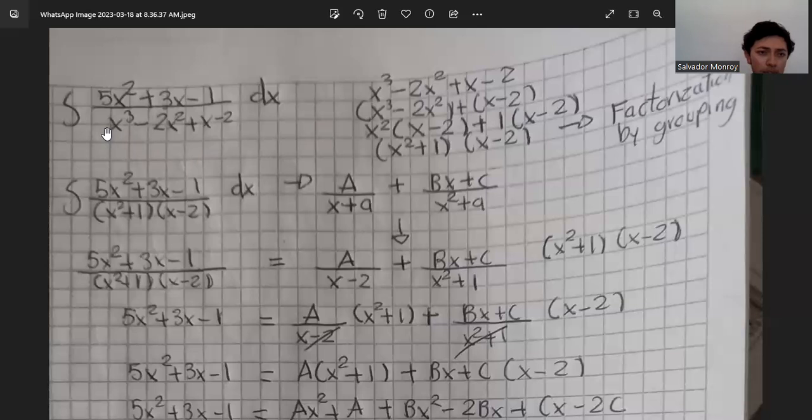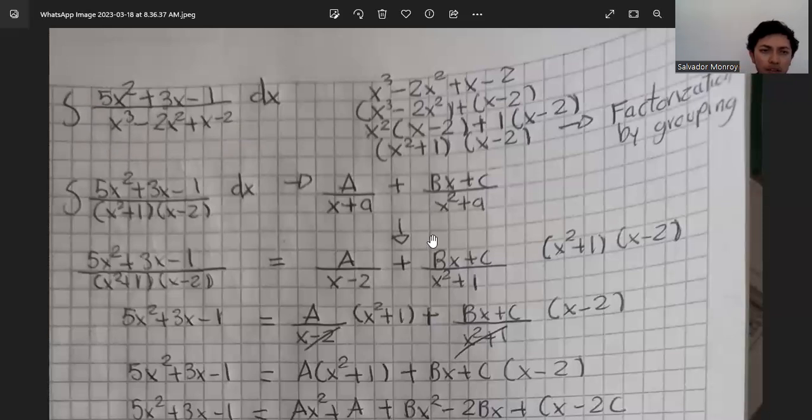We can't do it by substitution or by parts, so we use partial fractions. The objective of this method is to simplify this bigger polynomial fraction into two or more fractions which, if we add them, are going to give us the original polynomial fraction.